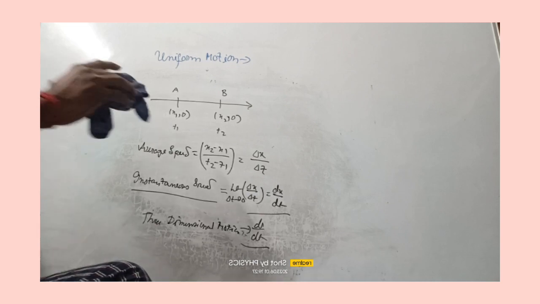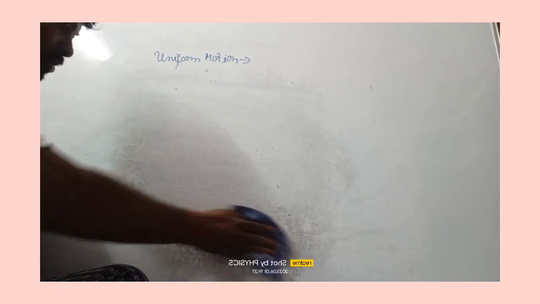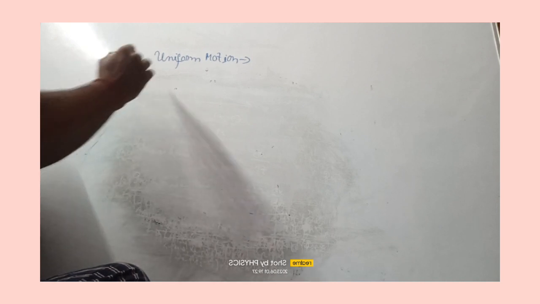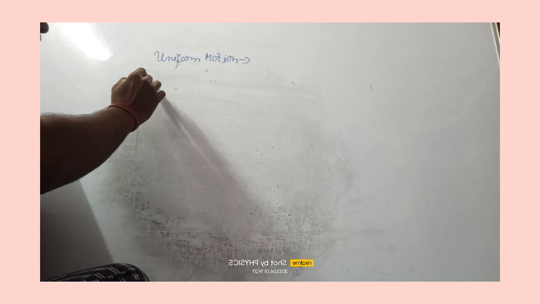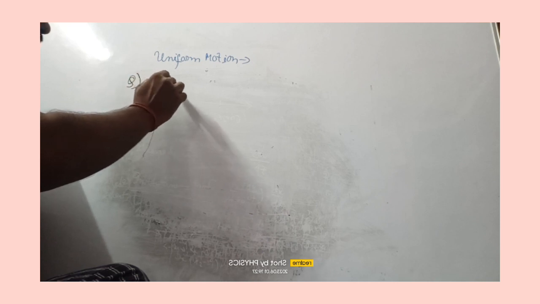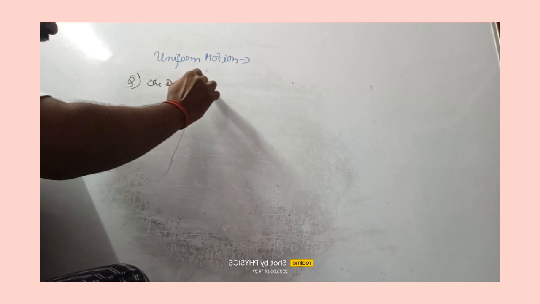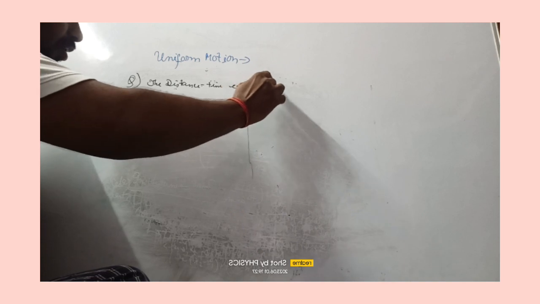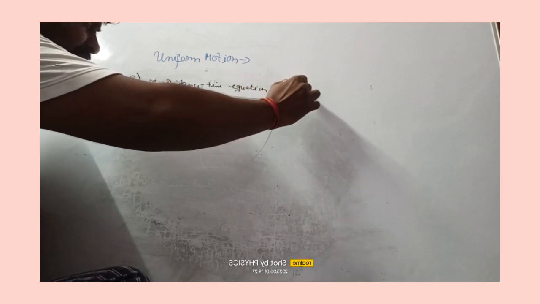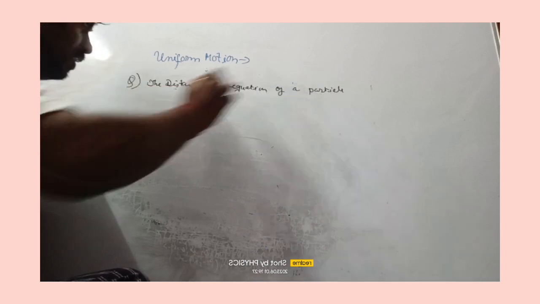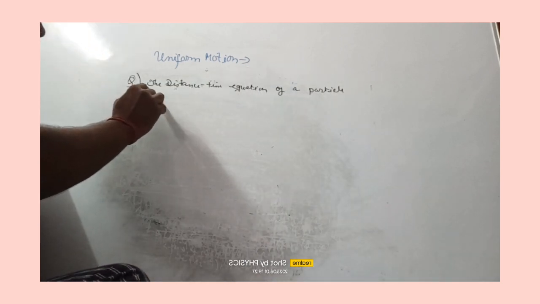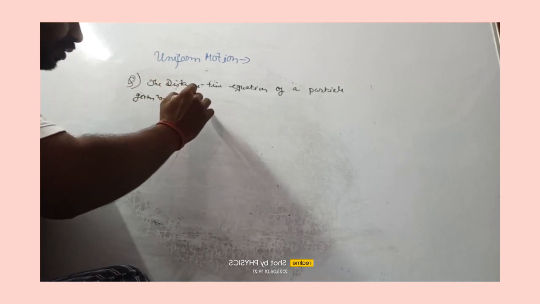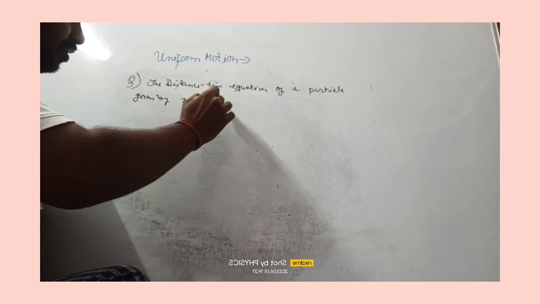Now, let us solve a numerical on the basis of speed. The distance-time equation of a particle is given by x equals 2t plus 3t square.